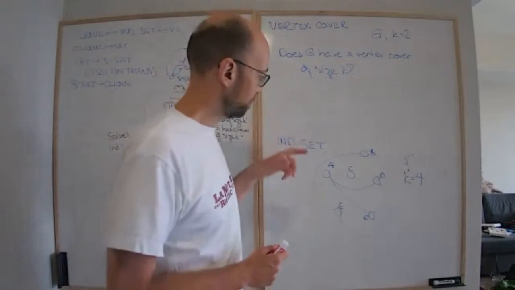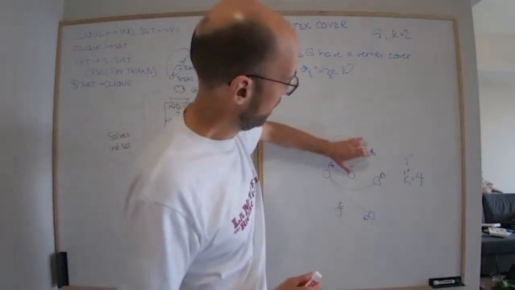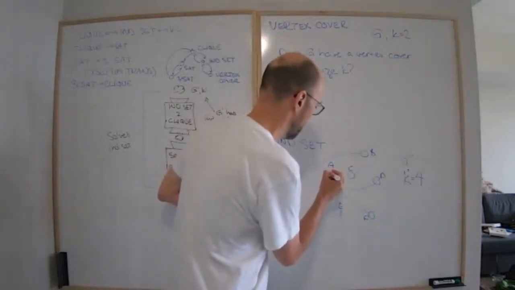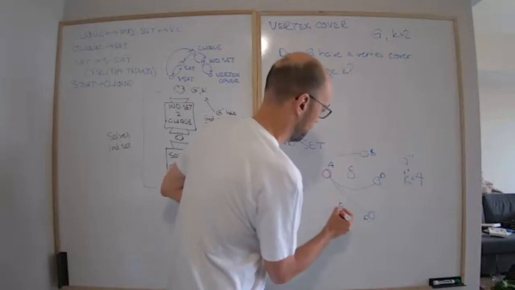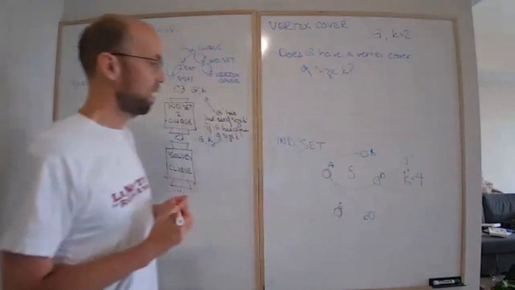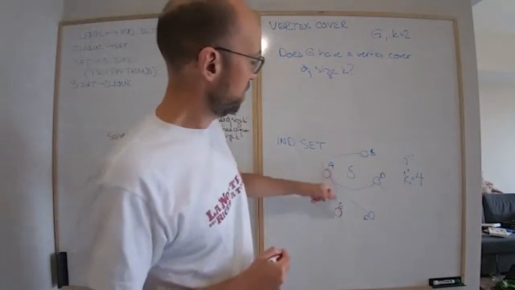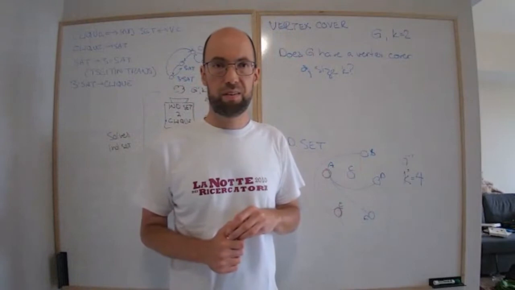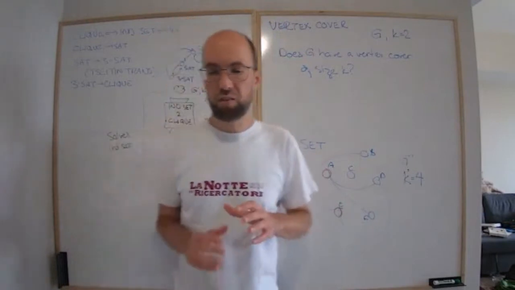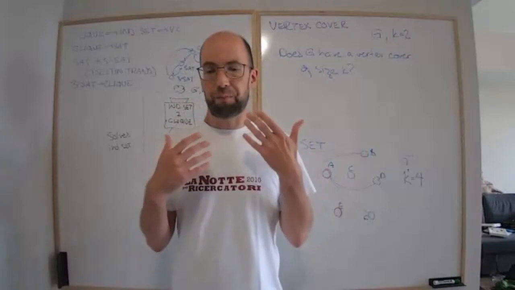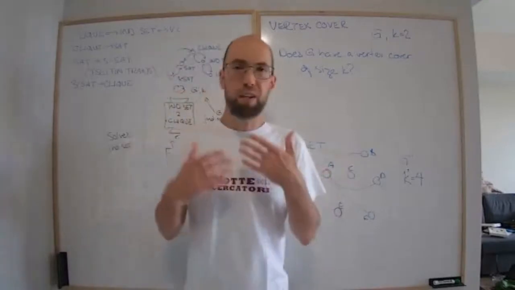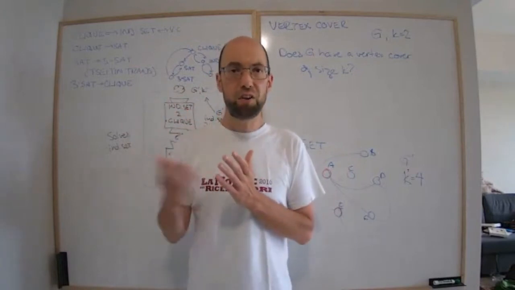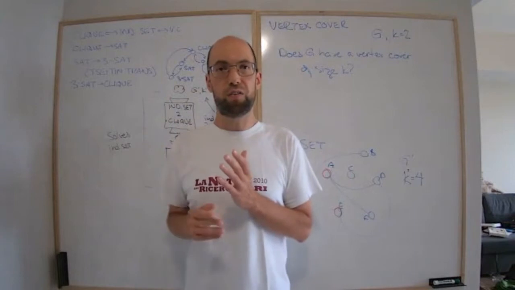Well, notice that if I consider this independent set, and then I take the complement of the independent set, I get a vertex cover. Why is that true? If you have an independent set, there are no edges between those vertices.